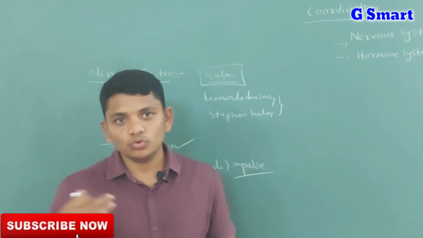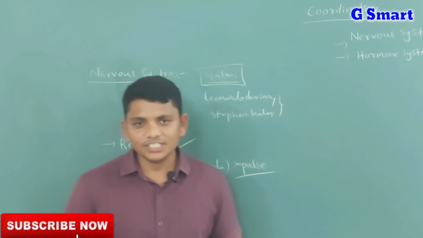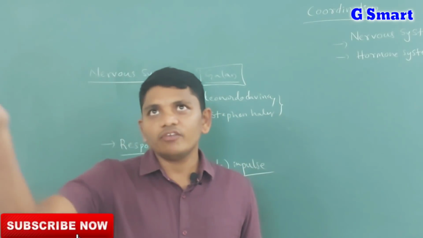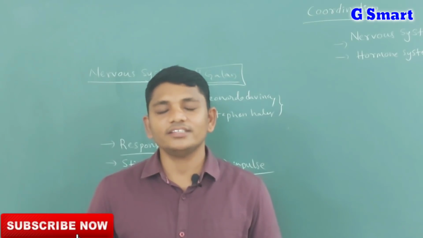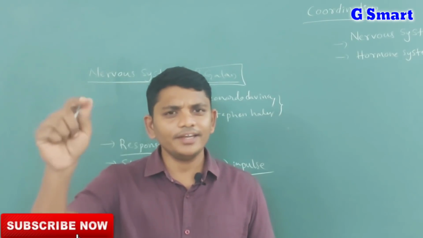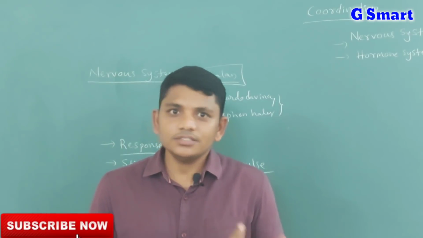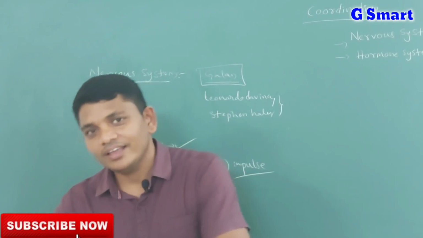For example, when we go outside from the room, if sunlight falls on our eyes or face, immediately we close our eyes like this. So the sunlight is an impulse and closing of our eyes is a response. Like this, if any stimulus is there, there should be a response.